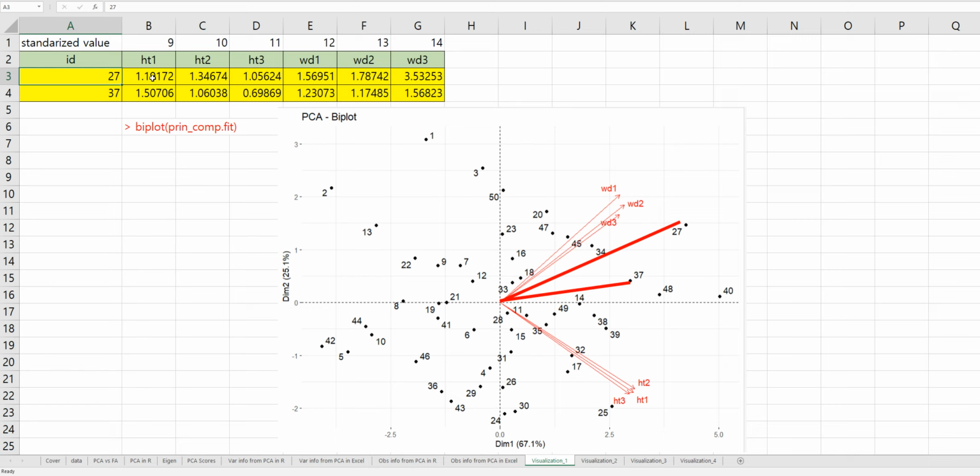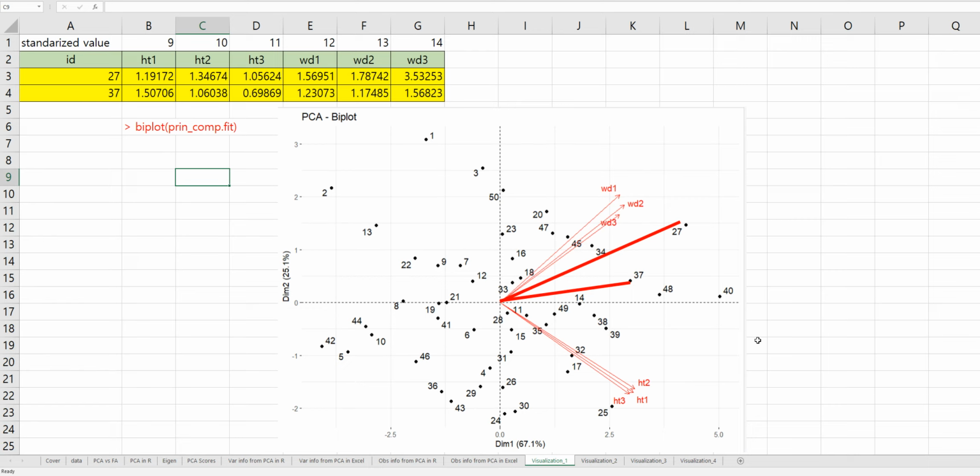So that's why it has a little bit larger number than this one in terms of width, right? If the standardized value is relatively large, then it will be located outside of this two-dimension plot. However, if it is very close to average, then it will be located in the middle of this graph.